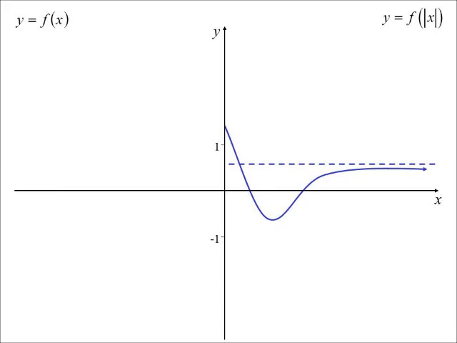And everything that's on the right gets reflected on the left. Because it should be an even function. Because if you're drawing function absolute value x, function negative x would be the same as function x. Because you sub it into absolute value, the negative x becomes x. So you end up with an even function. So everything on the left disappears. We reflect the right-hand side to the left-hand side.